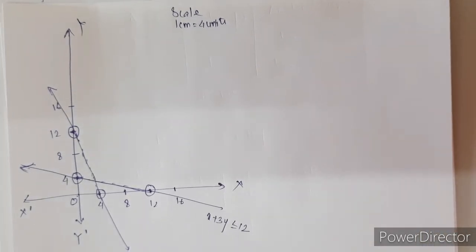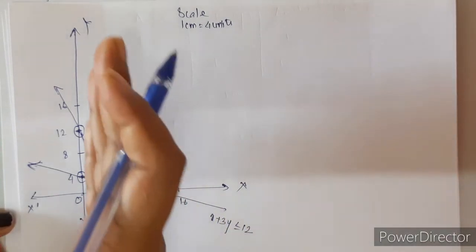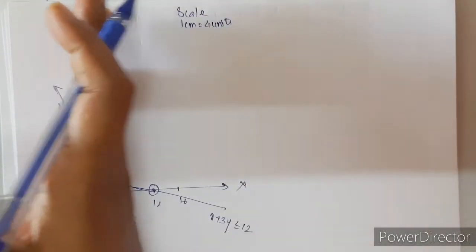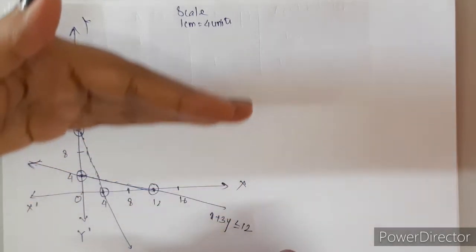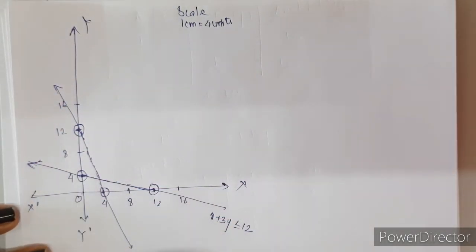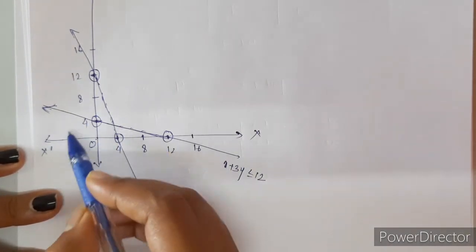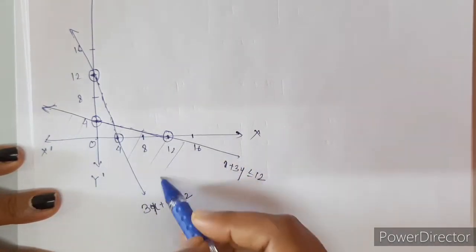Okay, so your feasible region will be in the first quadrant, because this is x greater than or equal to 0, all these points, and these are y greater than or equal to 0. And the equation of this line is 3x plus y less than or equal to 12. Right? Now here this is less than or equal to 12, so all these points will come.